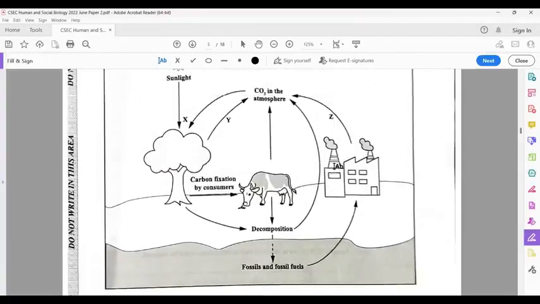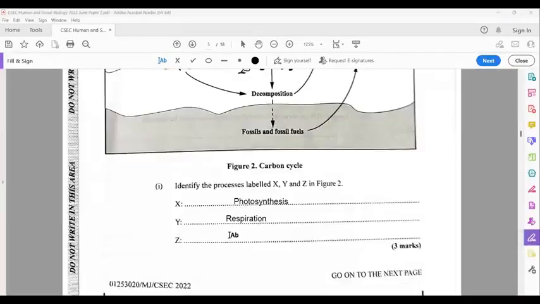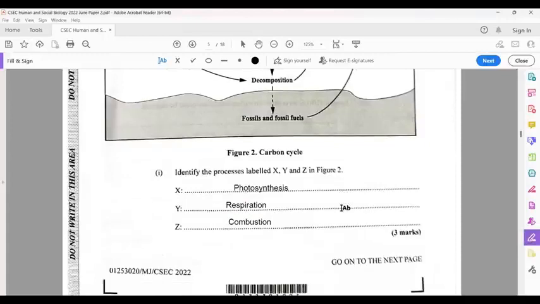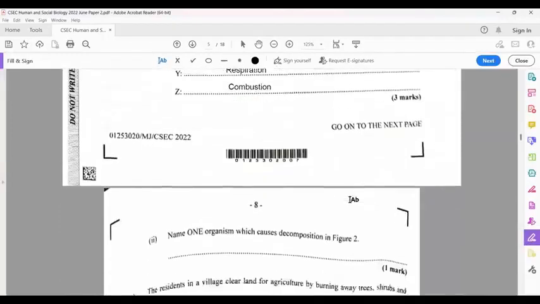And Z, whereby these chimneys, these smokestacks are putting carbon dioxide into the atmosphere, you know that some kind of combustion would have occurred, whereby combustion is the burning of fossil fuel. 3 marks.